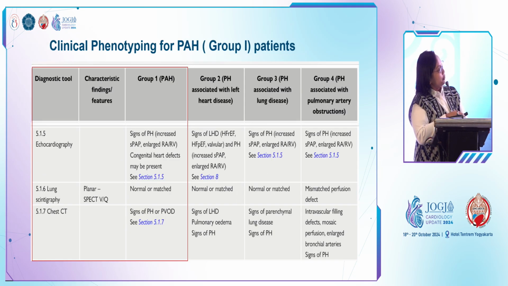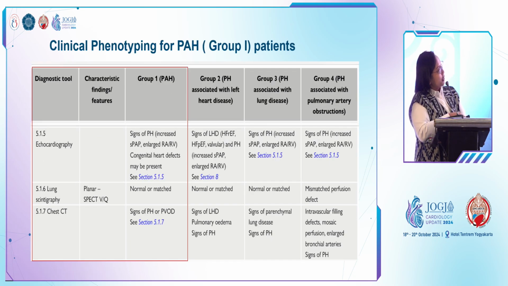Yeah, echocardiography will show you the signs of PH, but in certain left heart diseases, we will be able to notice the involvement of the valve, the left ventricular function, the LA size, and the presence of left atrial dysfunction. And VQ scan, we will need especially for determining whether the patient has CTEPH or not.